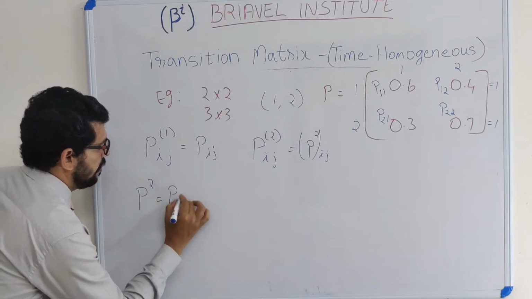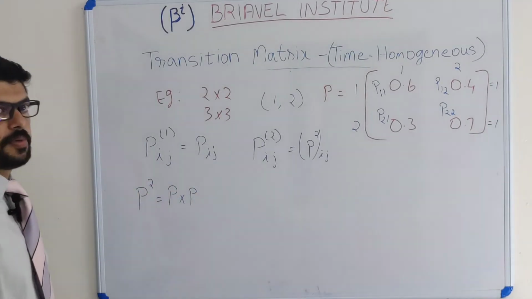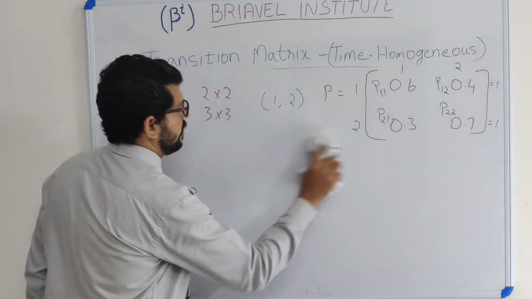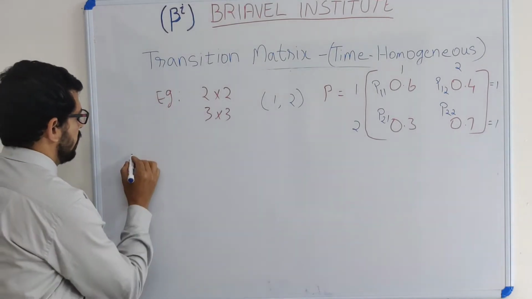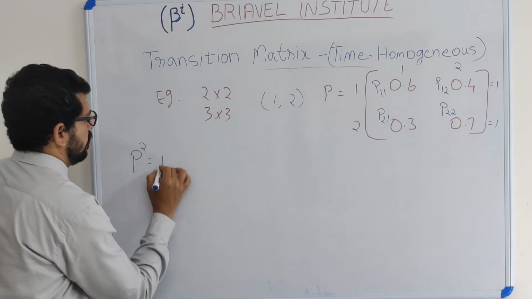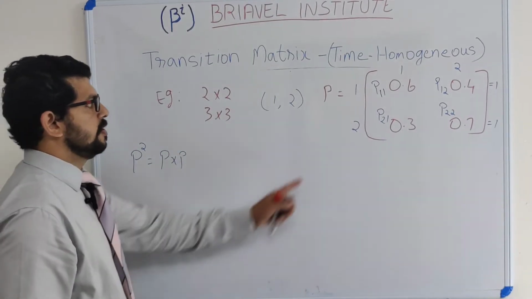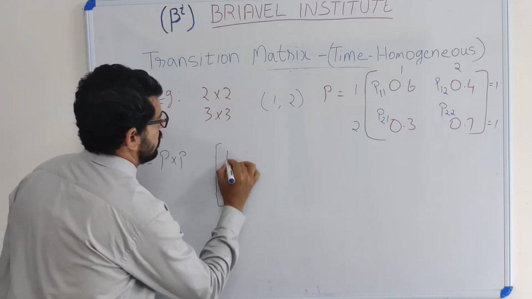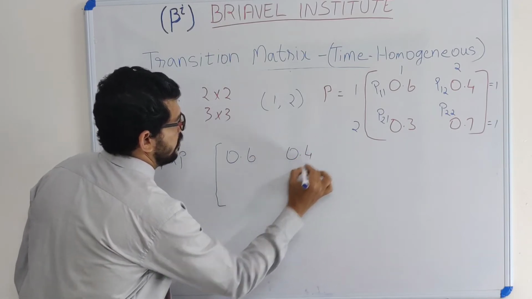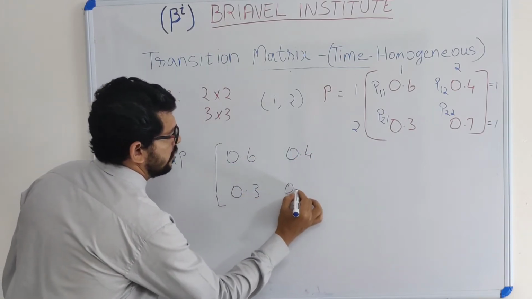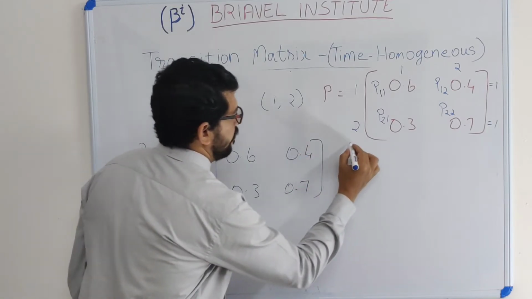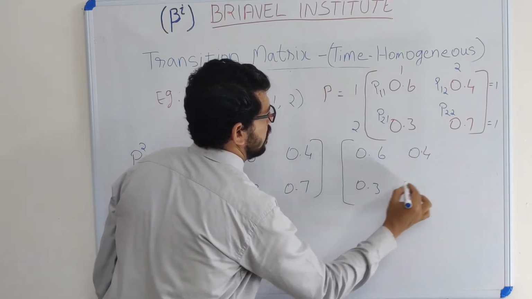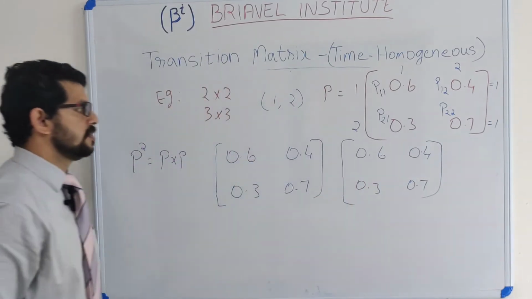P square is equal to P into P. We have the matrix values, and we have to find P square, which is P into P. Our P value is 0.6, 0.4 and 0.3, 0.7, and we multiply by the same value, 0.6, 0.4, 0.3, 0.7.